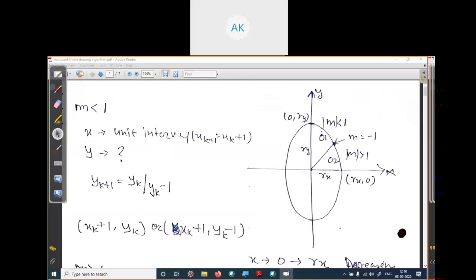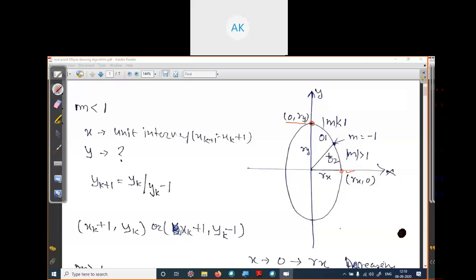As you can see, we start our calculation from this point, where the coordinates are (0, ry): x is 0 and y is ry, the radius along the y-axis, and we move in this direction and want to reach this point. We have two given points, and the intermediate points we are going to calculate based on the slope of the tangent.